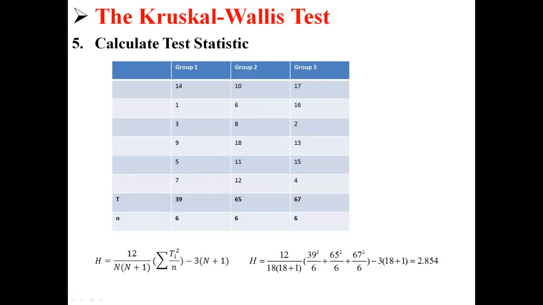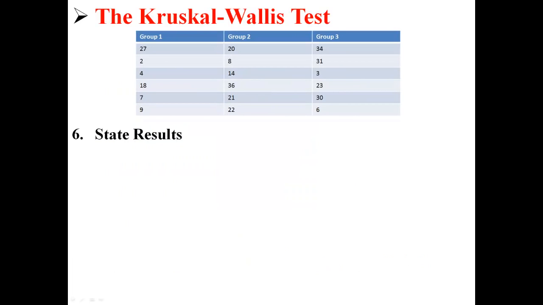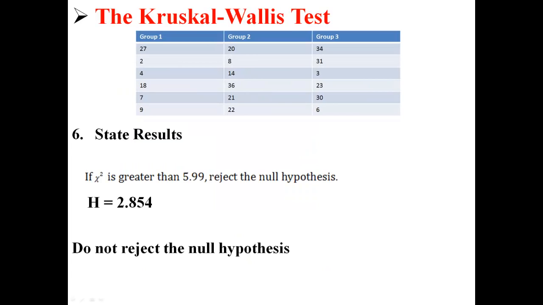Our big N reflects our total sample size, so while each small n is 6, our total sample is 18. It's just 6 plus 6 plus 6. And we just plug all of those values into the equation to find our H value of 2.854.